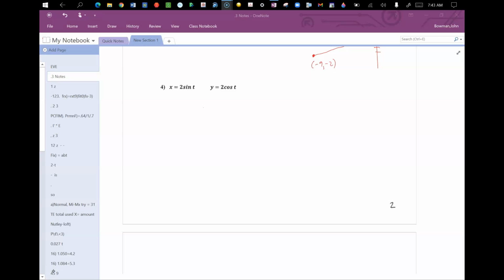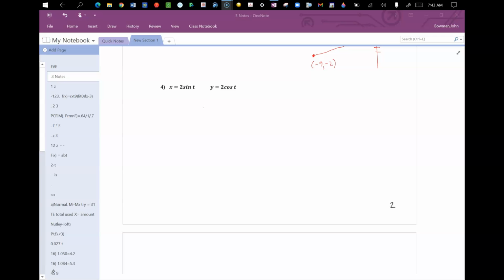There are some situations when it comes to eliminating the parameter where solving for t in one of the equations and substituting it into the other equation just doesn't make sense. It doesn't help us a lot. And this is an example of that.